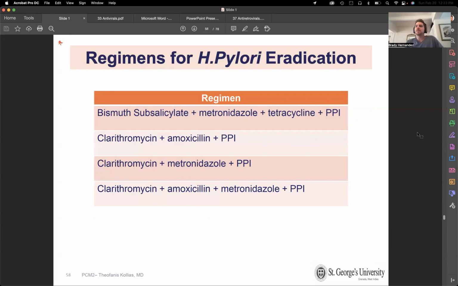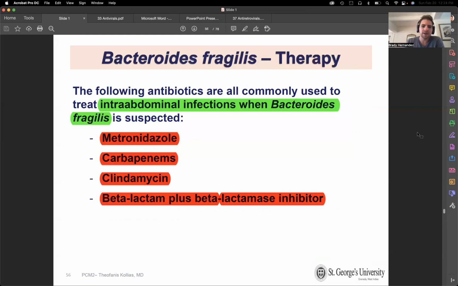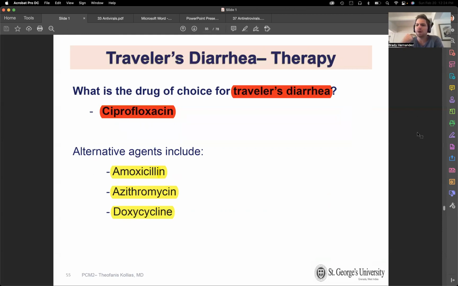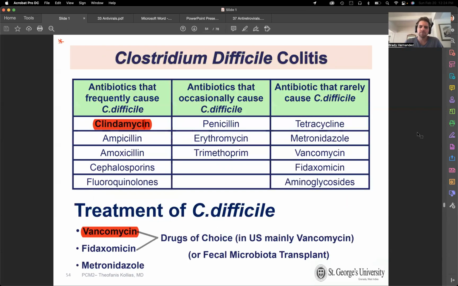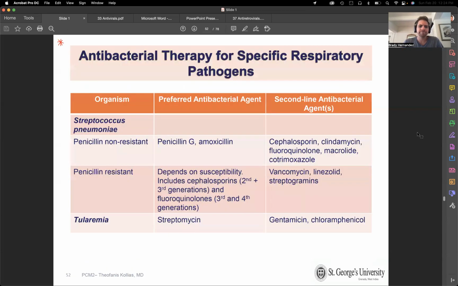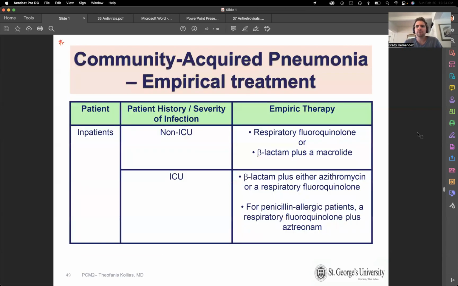Another one that comes up, remember, gonorrhea and chlamydia typically coexist. When you get a gonorrheal infection, you typically have chlamydia too, so they always treat them together. So what do you give for that? What do you give for gonorrhea? Ciprofloxacin?